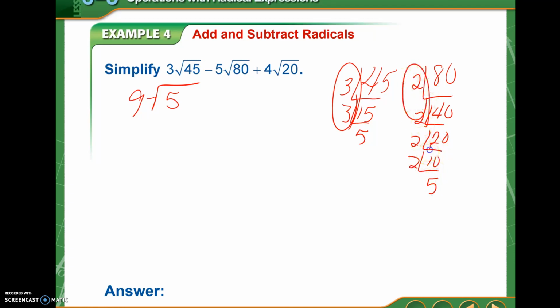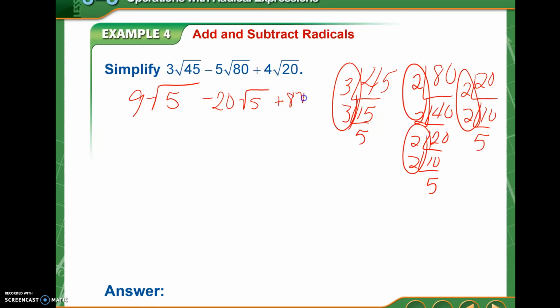So we have 2 squared, or 2 to the 4th, so that gives me 4 times 5 is negative 20 square root of 5, and then go ahead and do your 20. So you have a pair of 2's, so it goes out with the 4, 8 square root of 5.